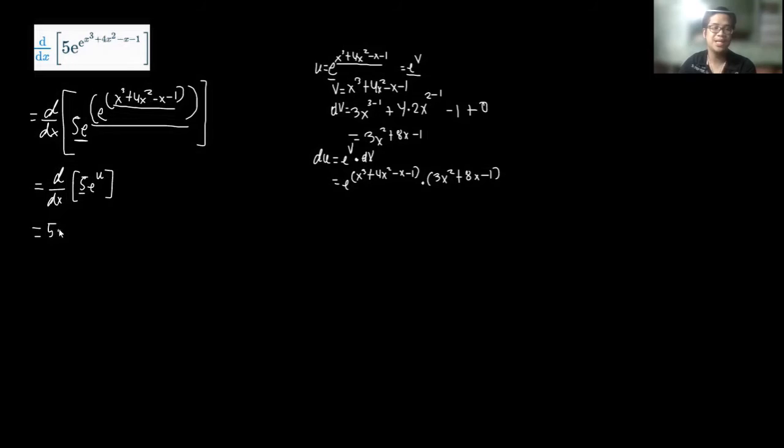Meaning, leave it be. Now let's get the derivative of e raised to u. The derivative of e raised to u is still the same, e raised to u times du. Now let's substitute. You have 5 times e raised to your u, and your u here is e raised to a cubic function.